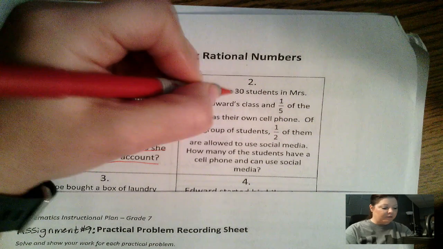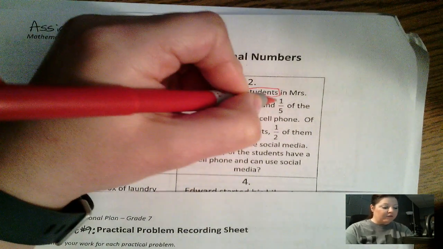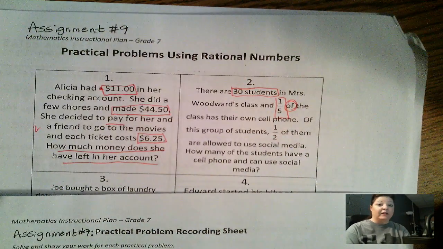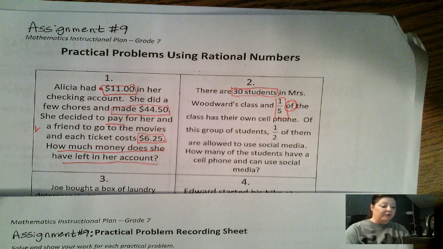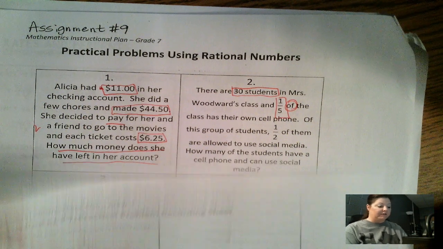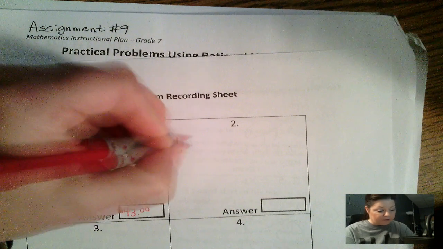So let's start off with, we know there's a total of 30 students in the class. 1/5 of the students have a cell phone. Now, of is a word that tells us what we need to do, and of means multiply. So let's start with that first. 1/5 of 30 is the same thing as 1/5 times 30.